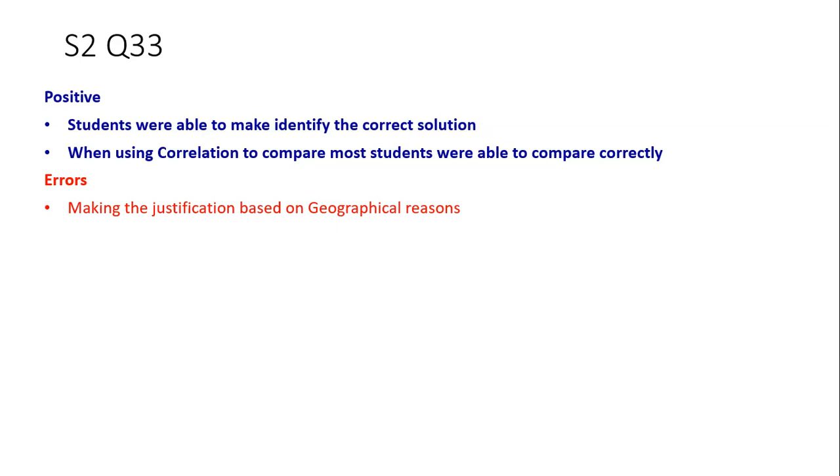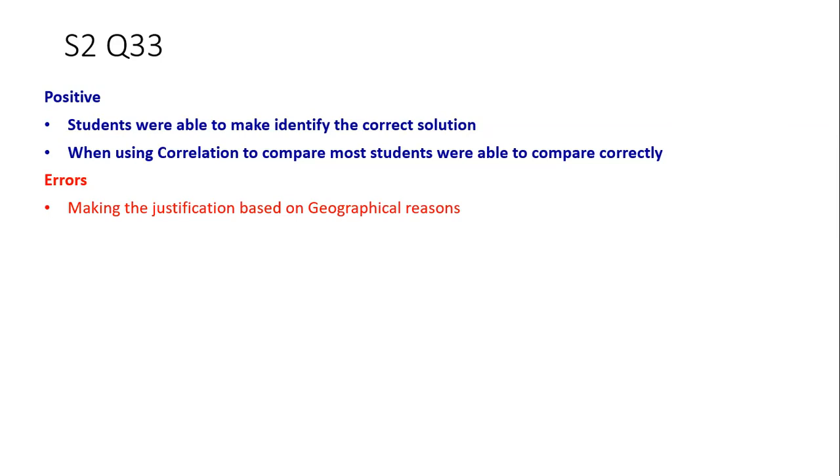All right, other parts for this were kids were actually making a justification based upon geographical reasons. So they were saying 25 degrees south is colder or it's hotter as you go lower. It had nothing to do with geography with this.